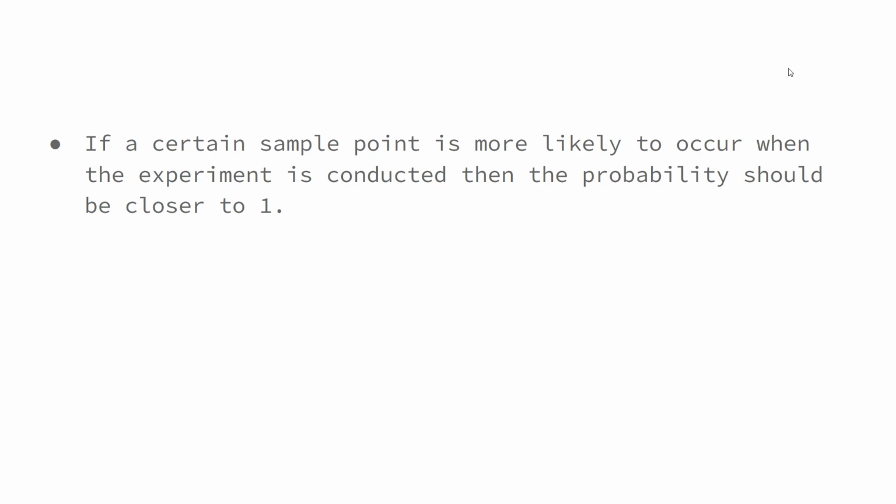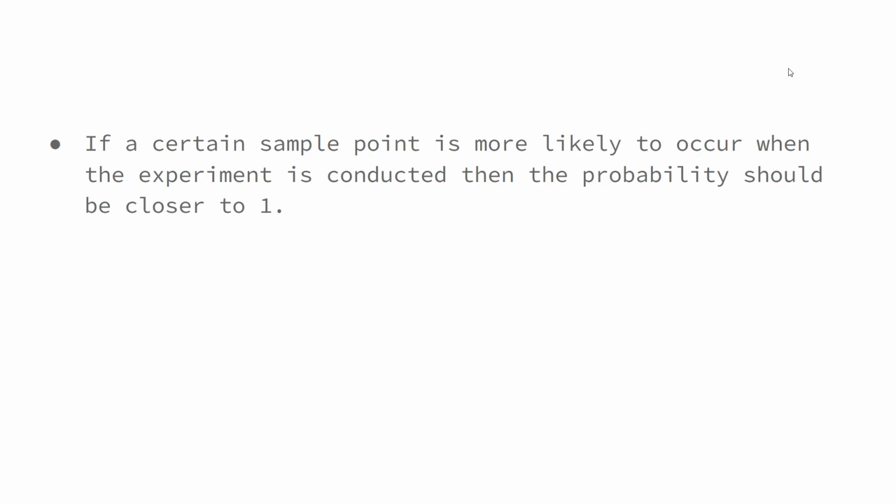So now this is the logic which we will be following while assigning weights to the sample points. I had only told you that we are going to assign to each sample point a weight between 0 and 1. If a certain sample point is more likely to occur when the experiment is conducted, then the probability should be closer to 1.